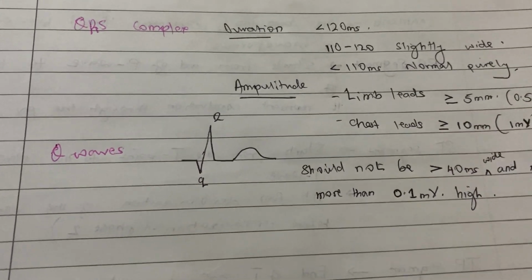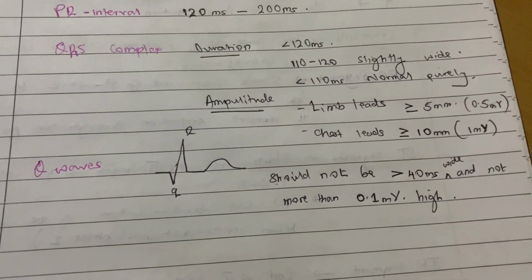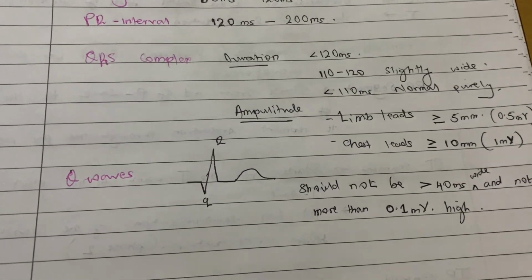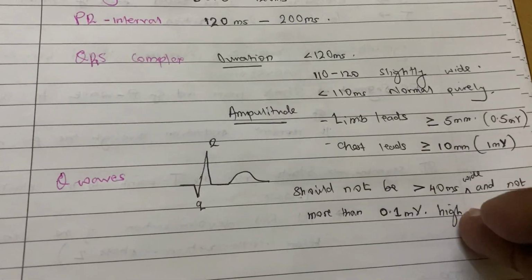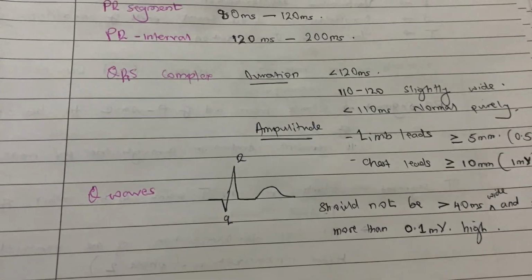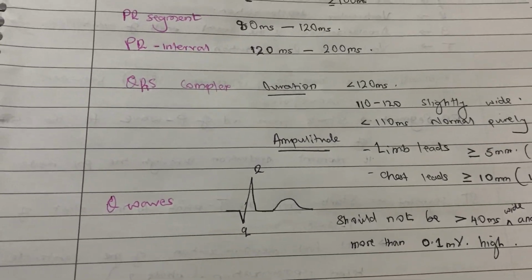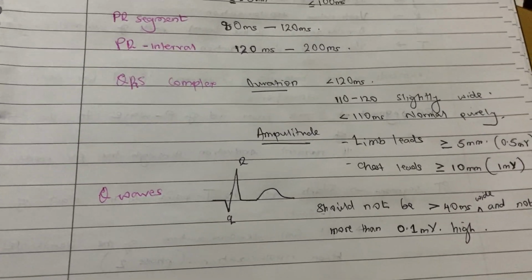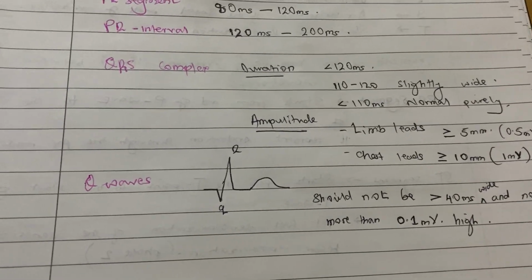So those are the normal parameters of a normal Q wave. Otherwise, slightly taller Q waves can be there in lead 3, but it should not appear in other inferior leads. You understand?